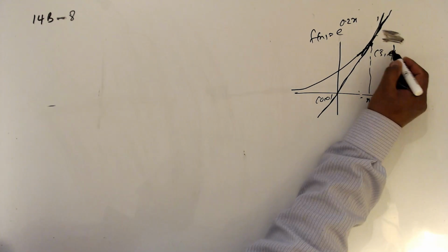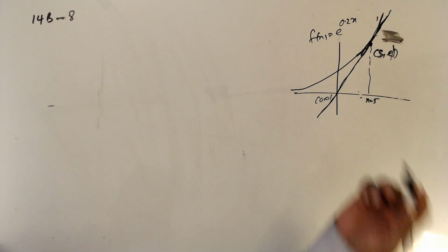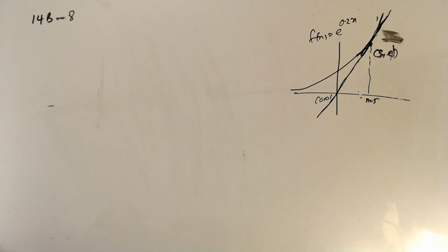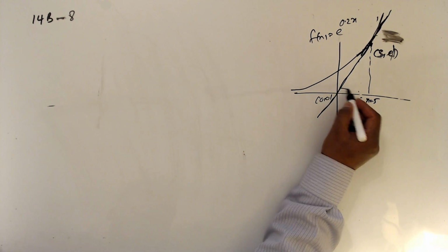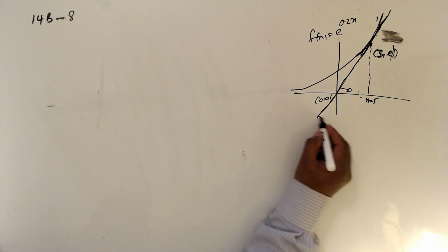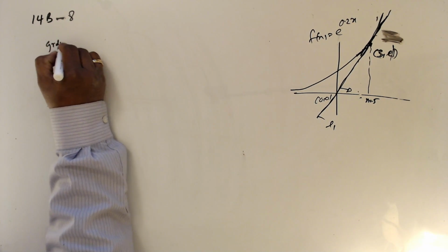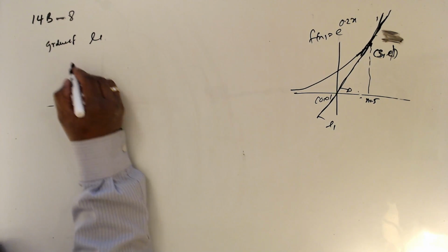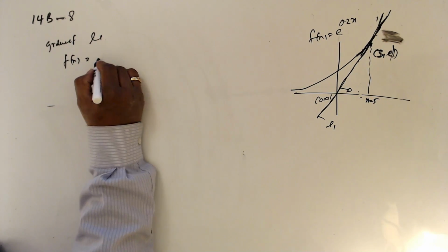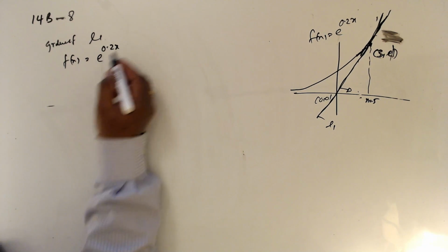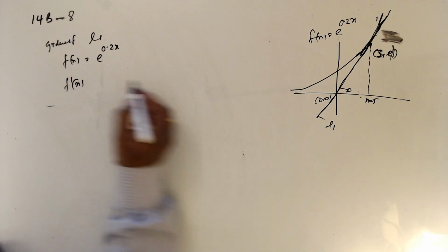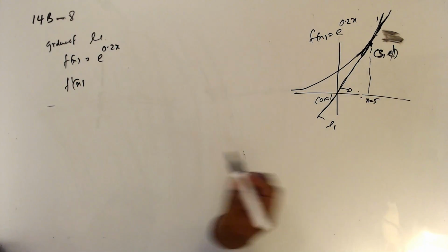We have a point. This is like a linear equation sum, and we did this kind of thing in the dy/dx differentiation chapter. So we'll find the gradient of this line, let's say L1. The curve is f(x) equals e^0.2x, and the gradient of the line is equal to the gradient of the curve at the point.